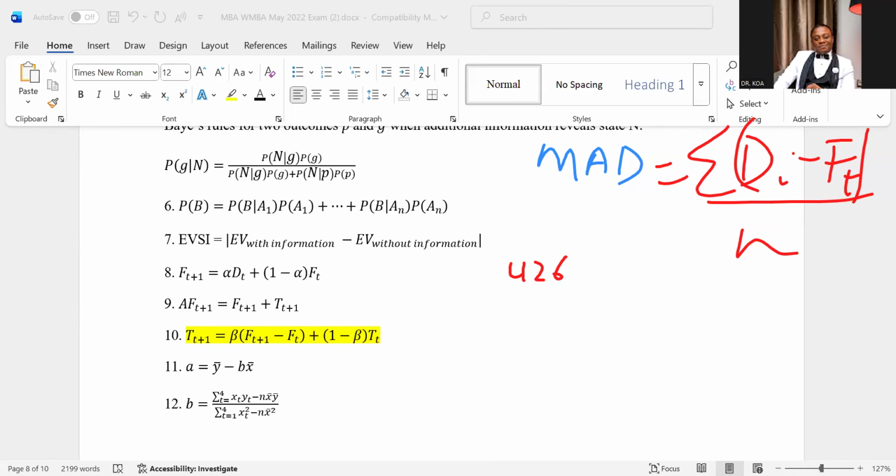The demand was nothing. If you can check that period, demand was nothing. Okay. So there will be nothing for the difference. Then the second one was 451. Go and check that. 451. And then the forecast was 428.